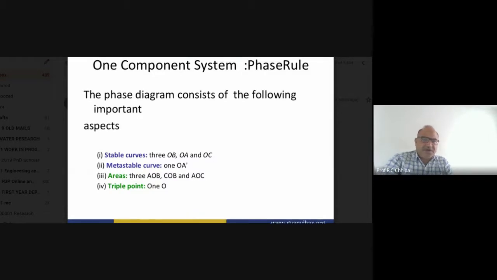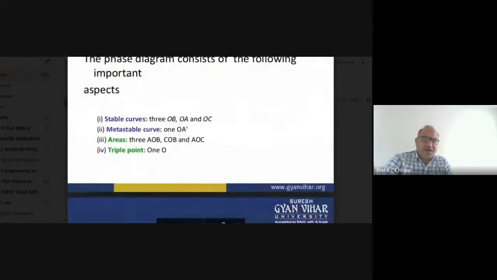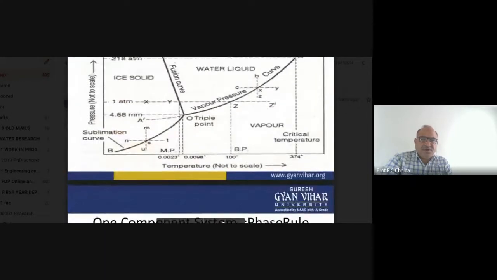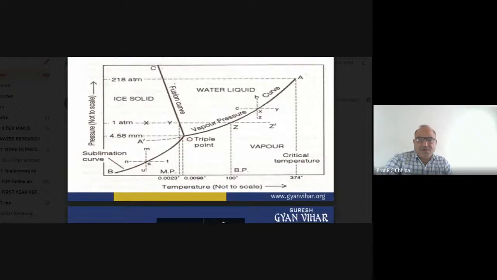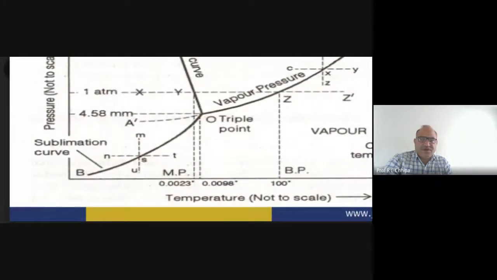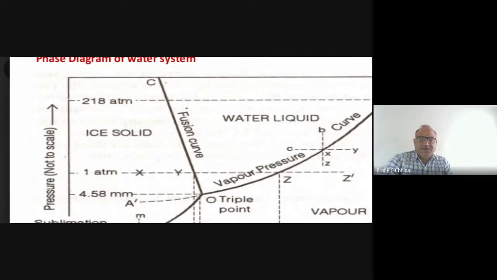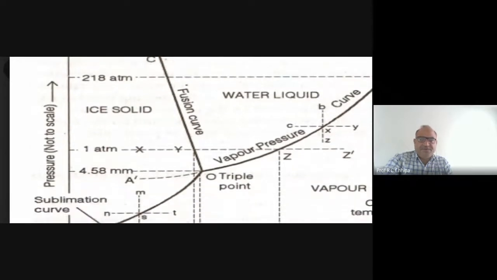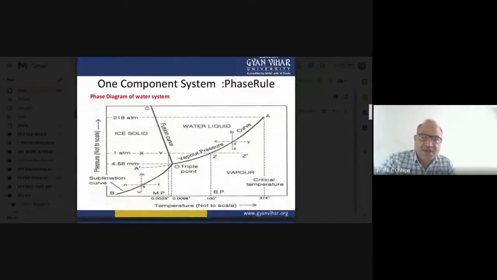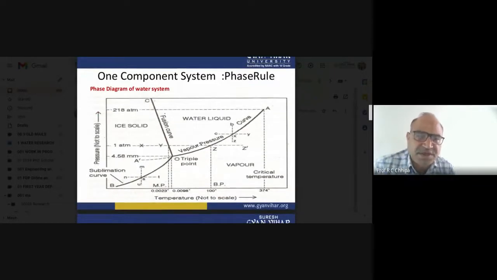Now in the one component system, here we can get OB, OA, and OC. These are the stable curves. OB itself is the sublimation curve, and OC itself is the fusion curve. Then OA is the vapor pressure curve.